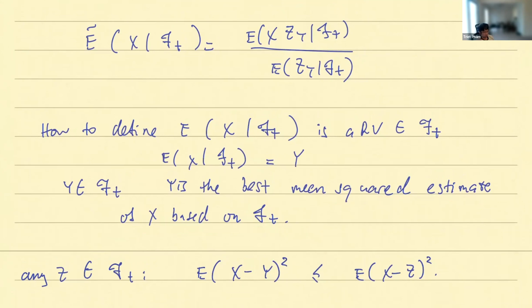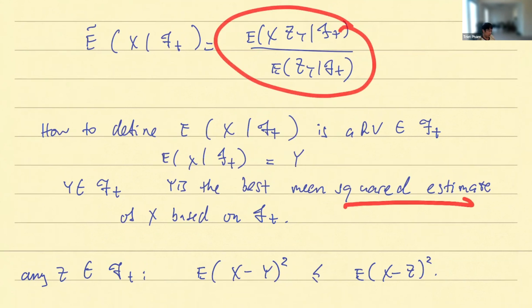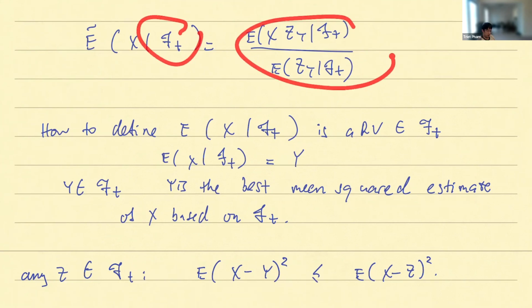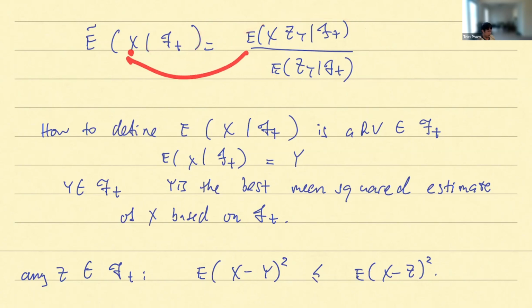At least this gives you something to go with: you know what this is on the P side. So if you really want to use this framework, you just have to show that this is the best mean square estimate of X in the P tilde sense. Everything here is in F_t, so that's fine. The only thing you have to prove is that it's the best estimate of X in the P tilde sense. But that's painful.